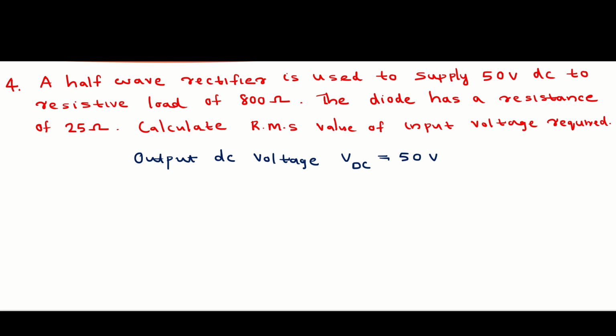The half-wave rectifier must supply an output voltage of 50 volt, so VDC is equal to 50 volt. Also given is the diode forward resistance RF, 25 ohm, and the load resistor RL is given as 800 ohm. The question is to find the RMS value of input voltage required.